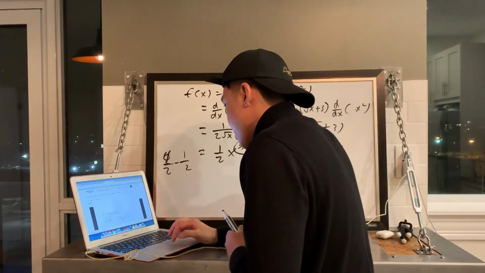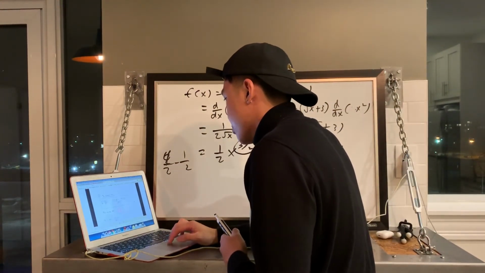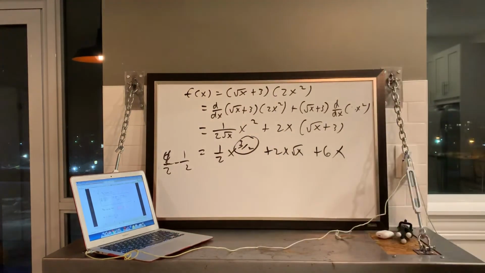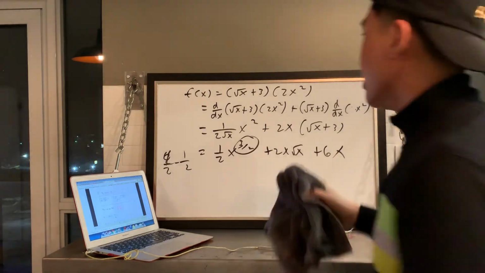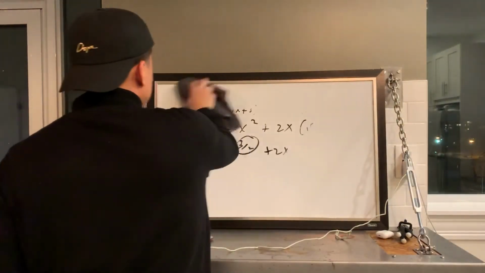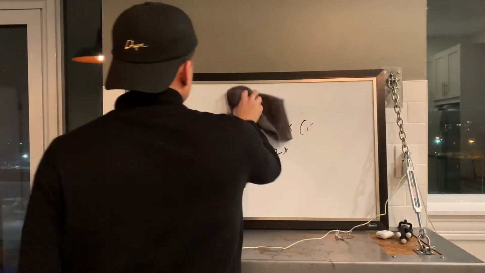So now we learned something we call the quotient rule. So the quotient rule, just remember, there's like a song. It's called low d high minus high d low, all over low squared, all that fun stuff.